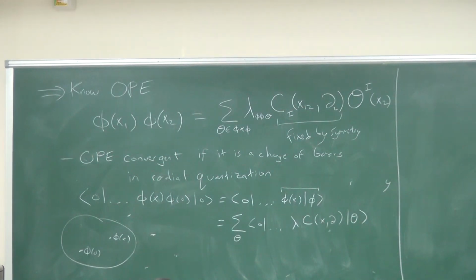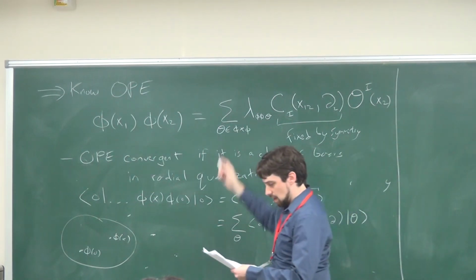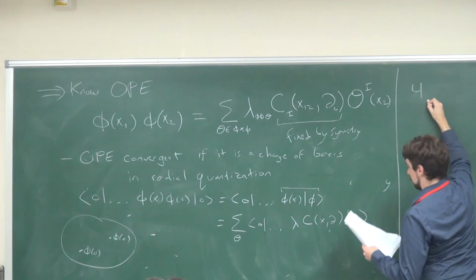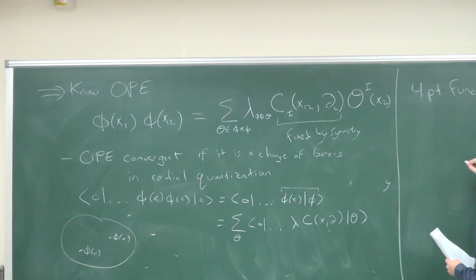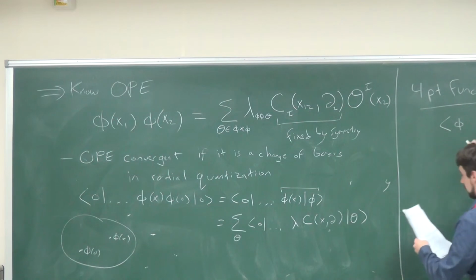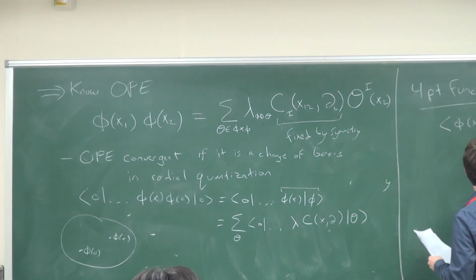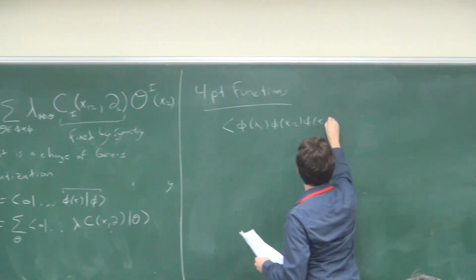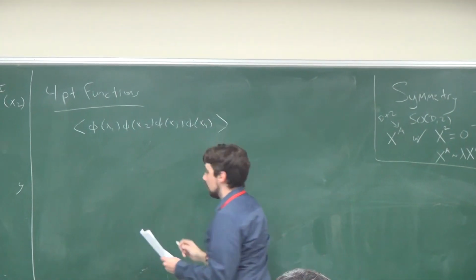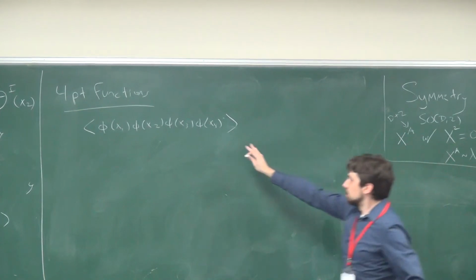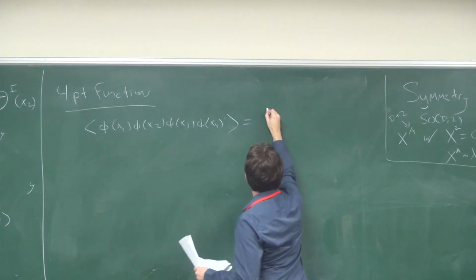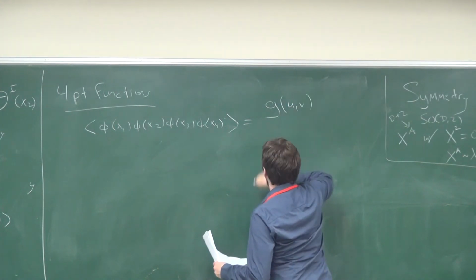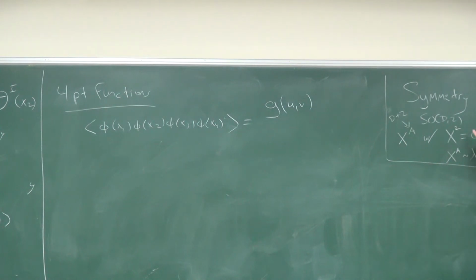Okay, so now that we have the OPE, we can use it to evaluate 4-point functions. So let's just do the simplest case, phi of x1, phi of x2, phi of x3, phi of x4. Well, first we can ask what are the general constraints of conformal symmetry on the form of this 4-point function. And if you think about it, you can ask this question in the embedding space formalism.